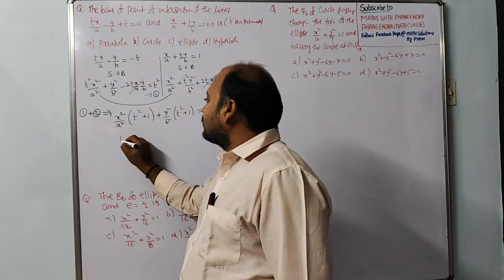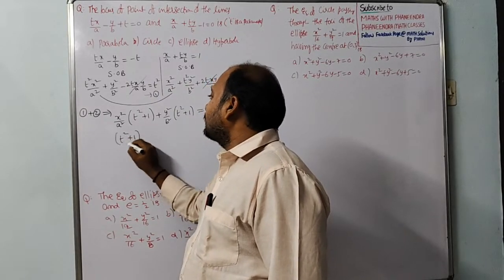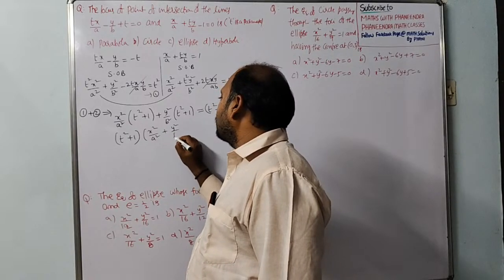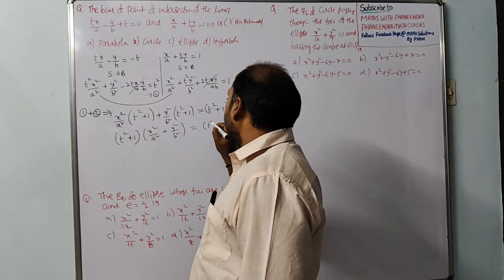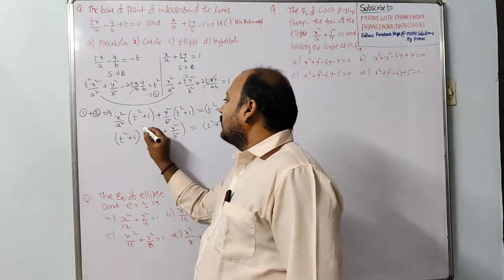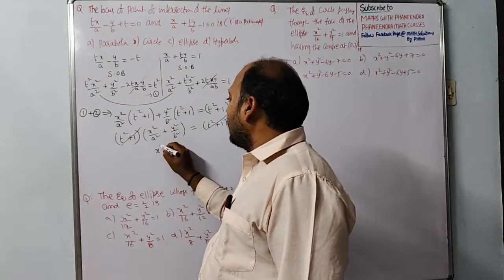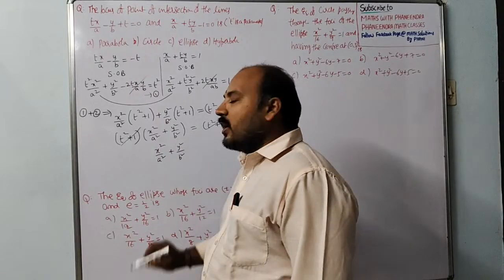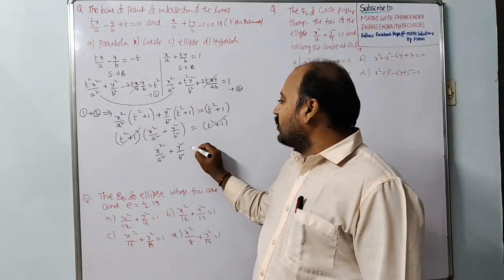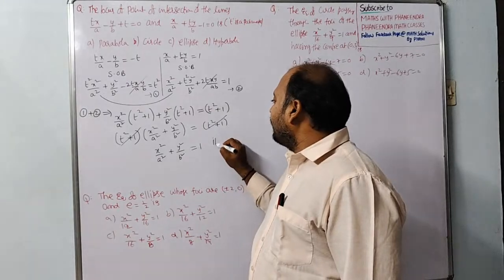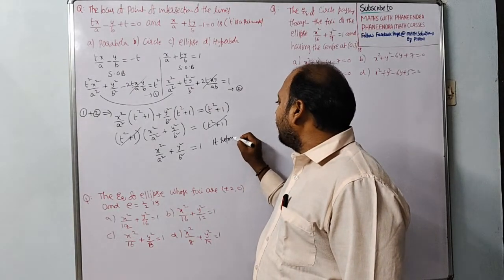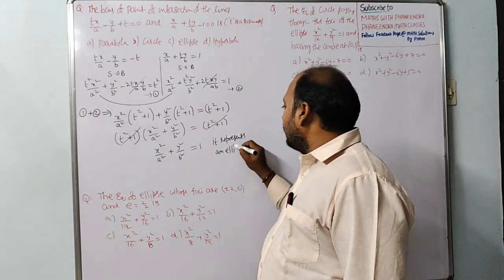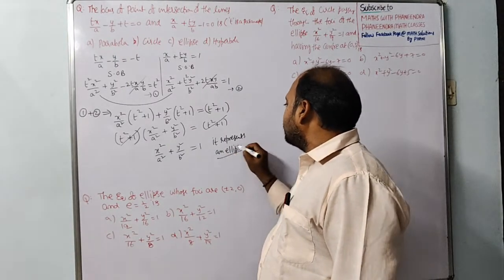So t square plus 1 taken out common, t square plus 1 into x square by a square plus y square by b square equal to t square plus 1. These two also will be cancelled. The required equation of locus is x square by a square plus y square by b square equal to 1. It represents an equation of an ellipse, dear students.